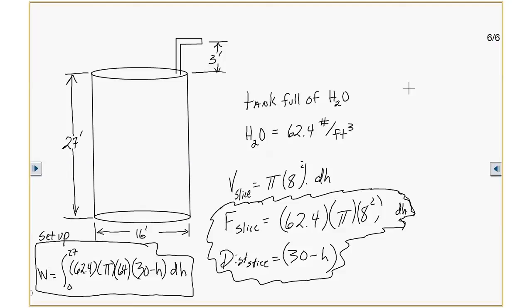So if you rig the pump to do 6 million, then the pump won't burn up because you're overcompensating. Engineers always overcompensate. So the answer here, if you're an engineer, would be 6 million foot-pounds. Okay?